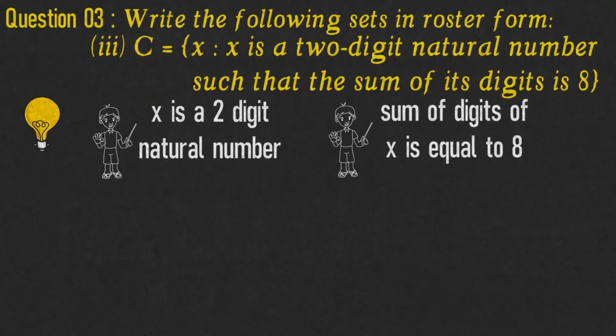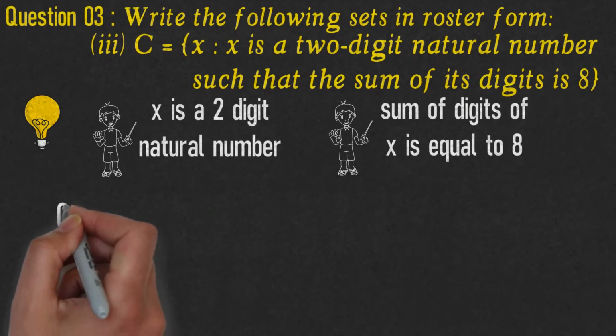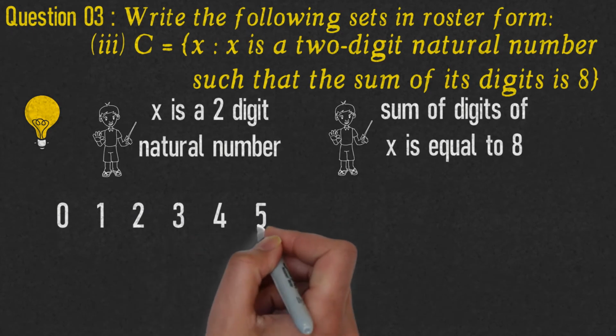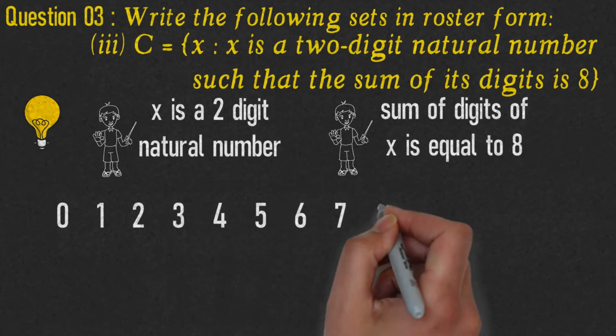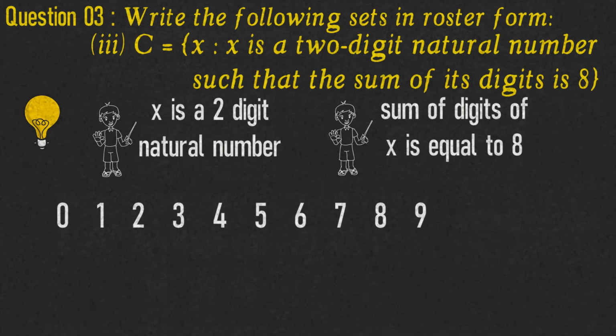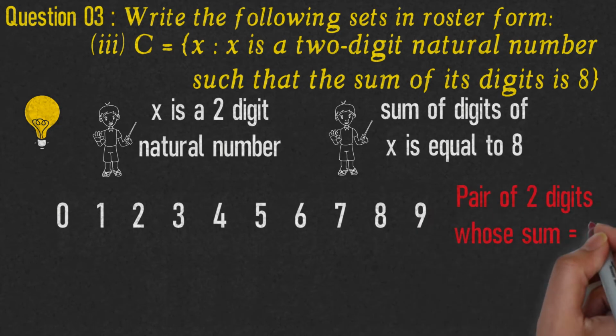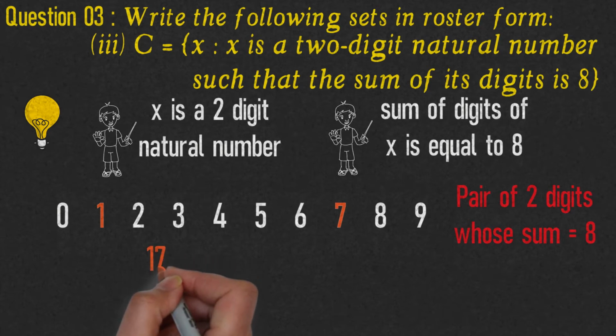The 10 basic numbers in mathematics are 0, 1, 2, 3, 4, 5, 6, 7, 8, and 9. Among these numbers, the pair of digits which gives us the sum equal to 8 are 1 and 7. They make the pairs 17 and 71.